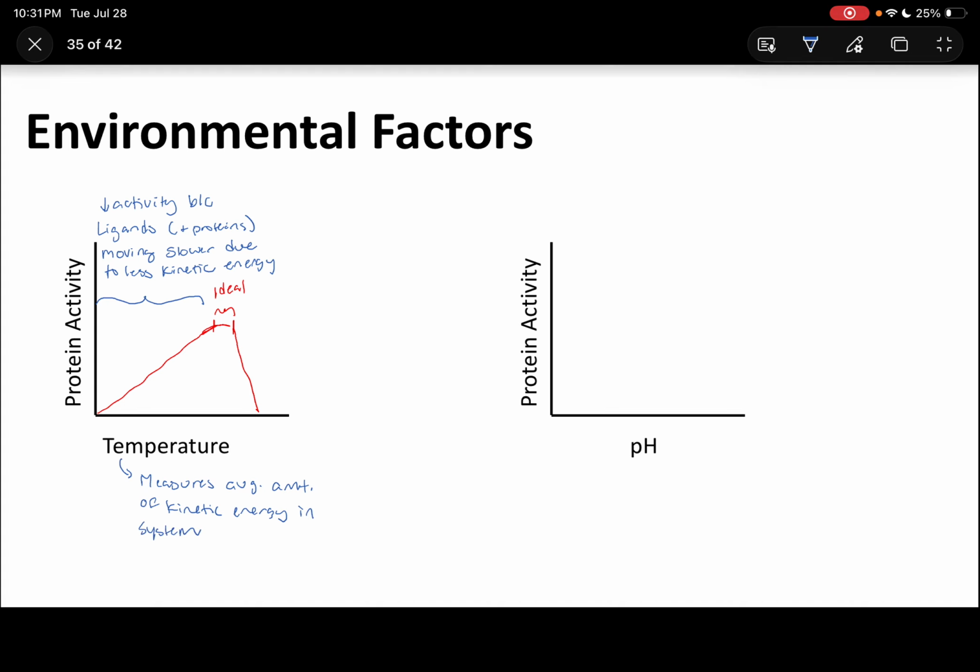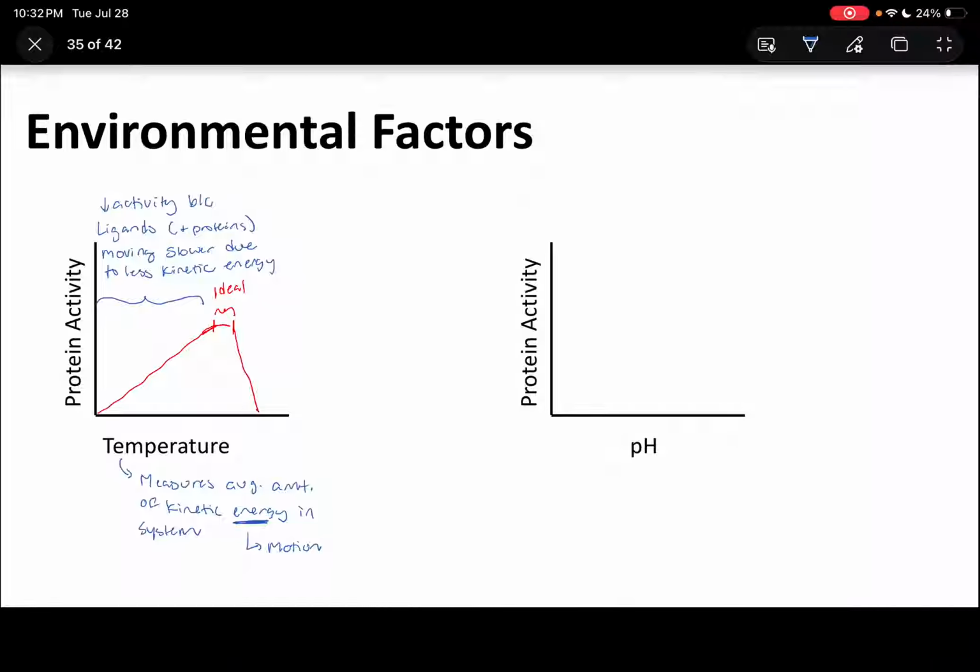Kinetic energy is the energy that is associated with motion. So if something has more kinetic energy, then it's moving quicker. If something has less kinetic energy, then it's moving slower. So at lower temperatures, substances possess less kinetic energy, and they are moving slower as a result.